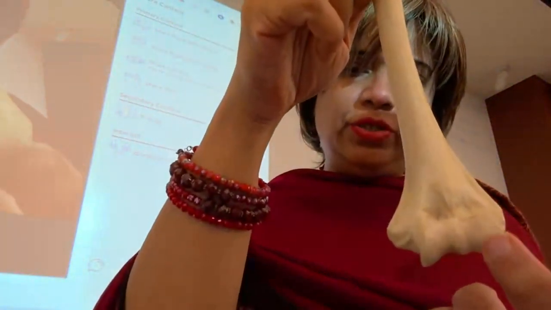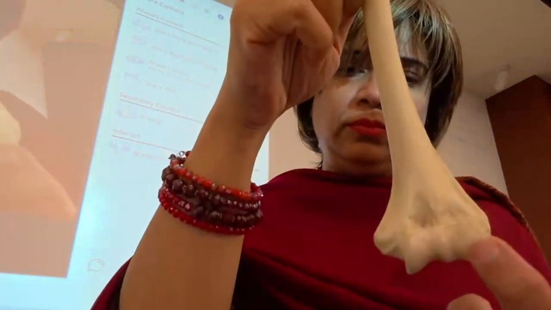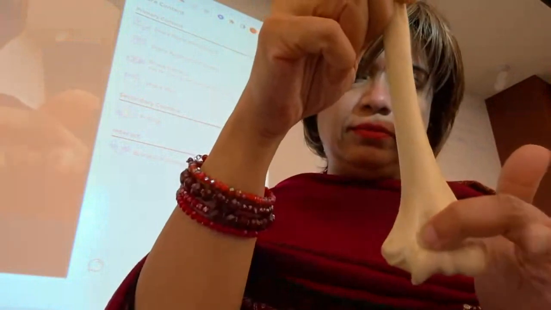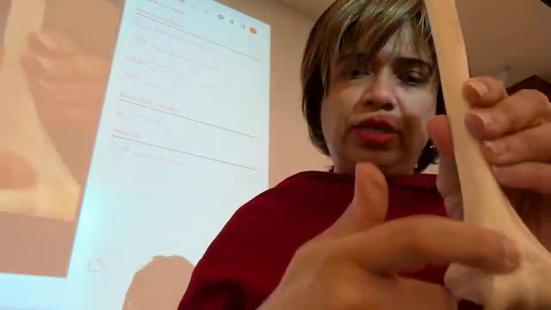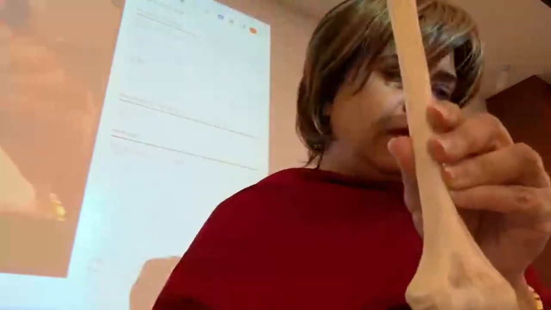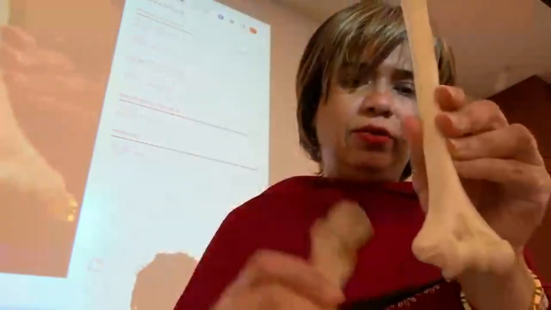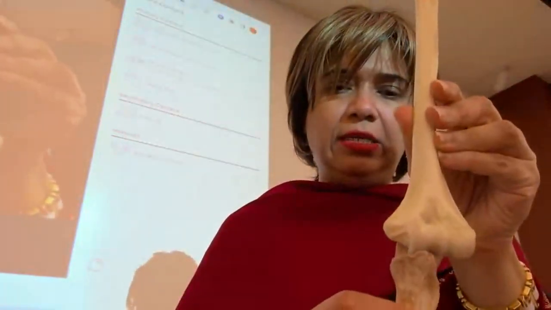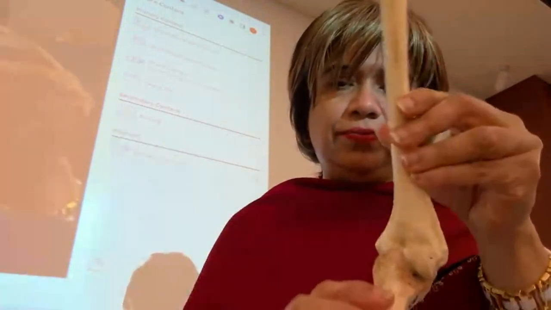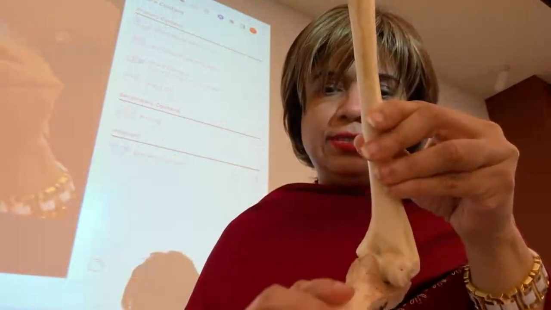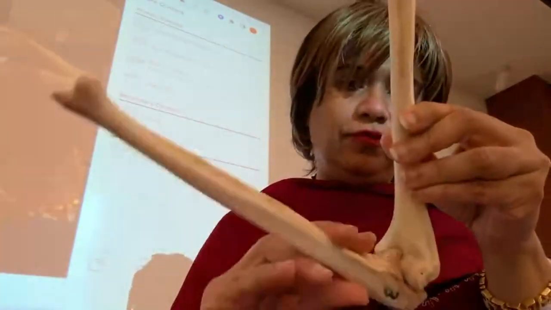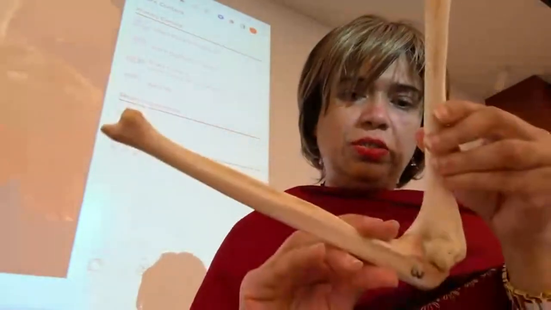This rounded part is capitulum. And this, on top of the trochlea, this is coronoid fossa. So your coronoid process of the ulna basically fits in here. See that? Coronoid process of the ulna fits into the coronoid fossa of the humerus.